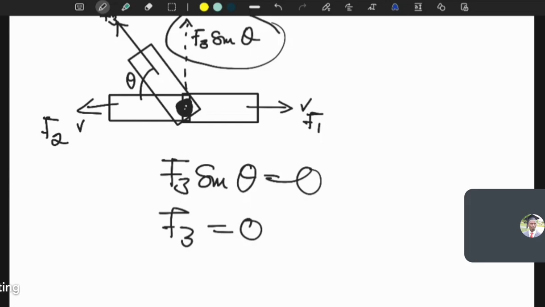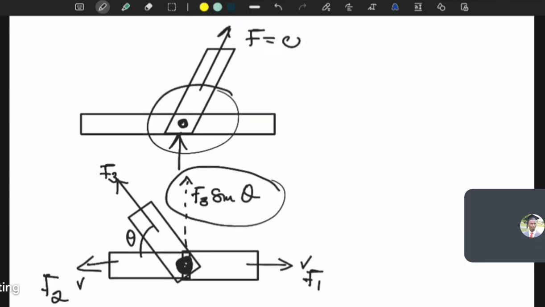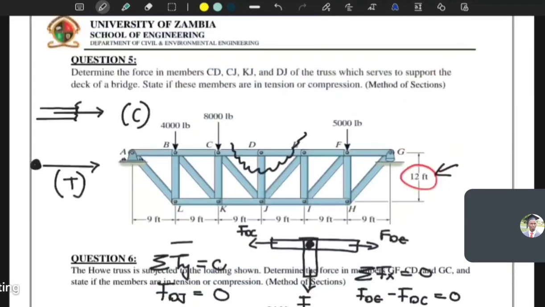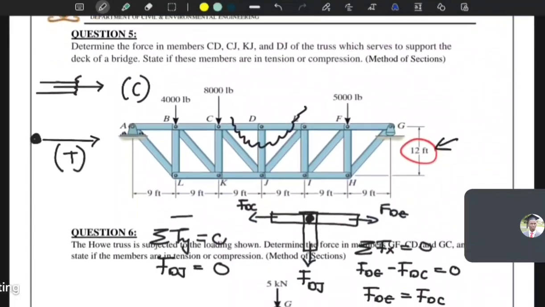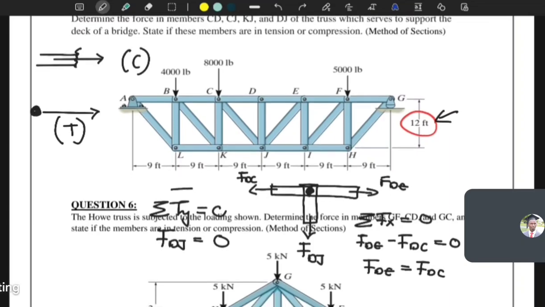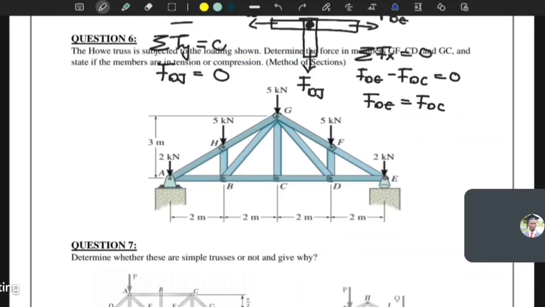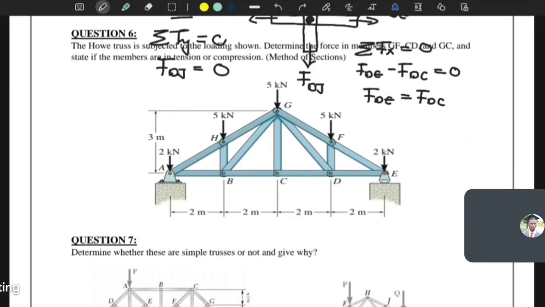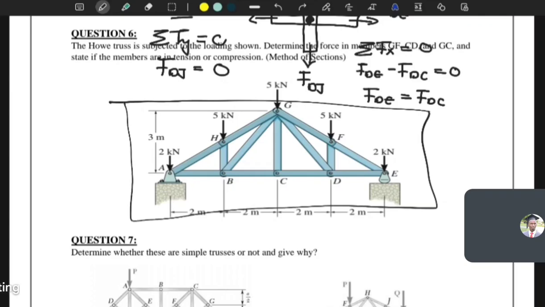So you want to look out for such tricks. They might simplify your life when dealing with some of these. So here, even without solving the problem, I was able to conclude that the force through DJ is 0. DJ is a zero force member. Even here, can you identify a zero force member for this structure?